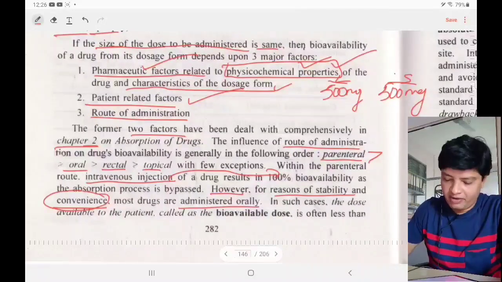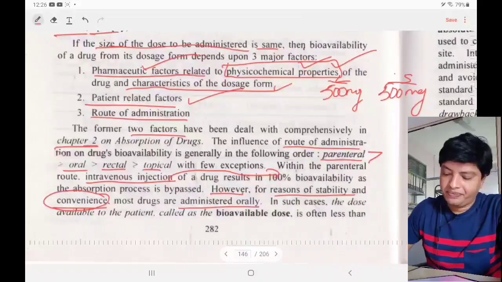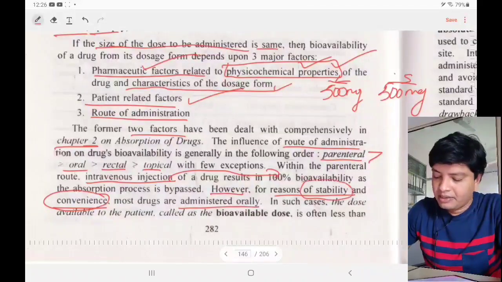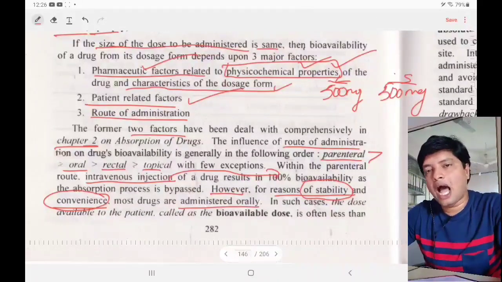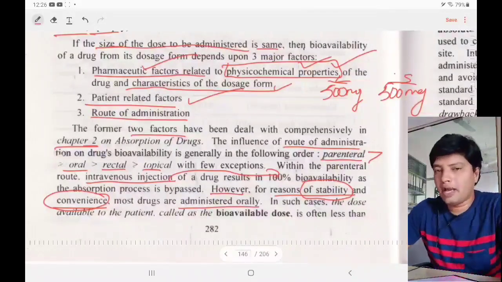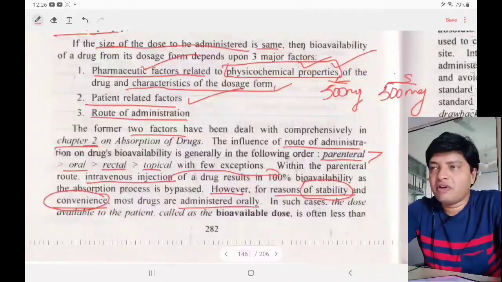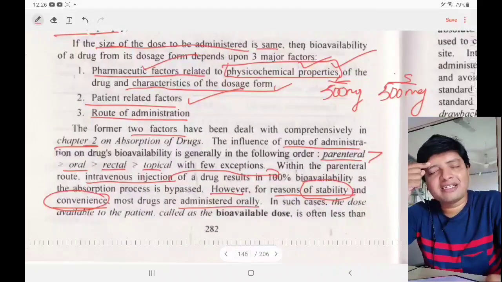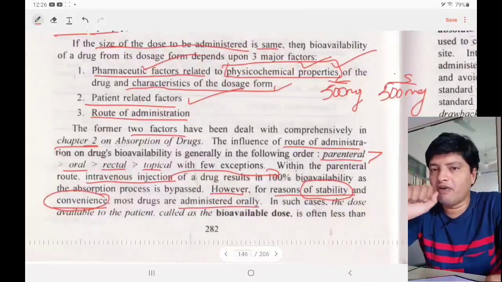For the sake of convenience and reasons of stability, let's say in IV the drug should be in soluble form. Most of the drugs will be in soluble form in IV. If we are using a liquid, there is a chance that the drug will undergo hydrolysis, so there will be a stability problem if I am giving the drug in liquid form.